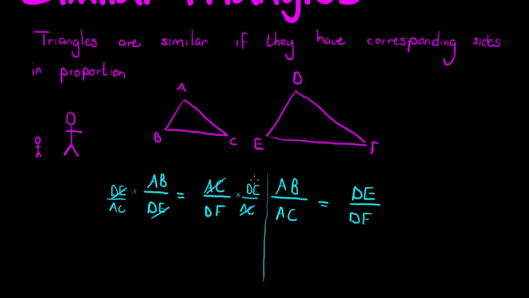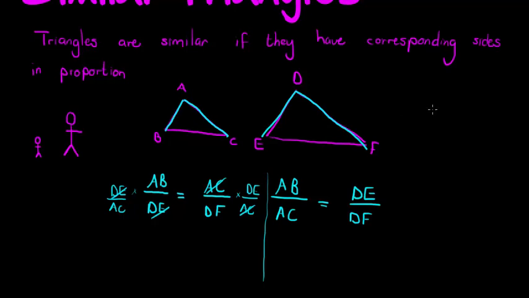Okay, look here, DE over DF. But look at what it looks like on the picture. If I take this side divided by this side, I'll get the same answer as if I take DE divided by DF. Understand? It doesn't matter in which order you do it. You can literally take any order.